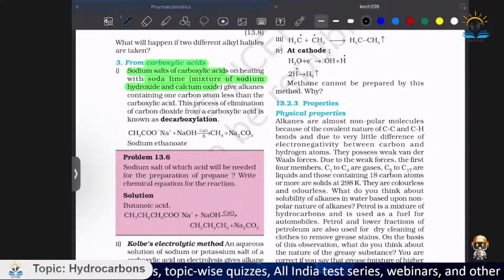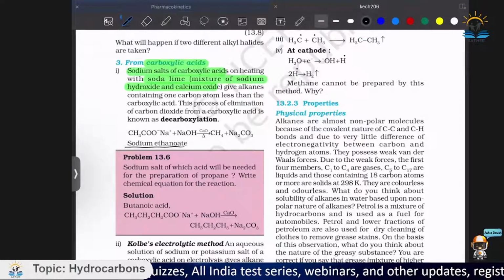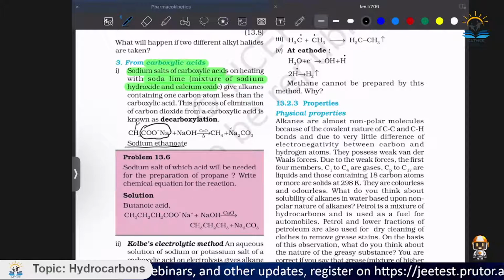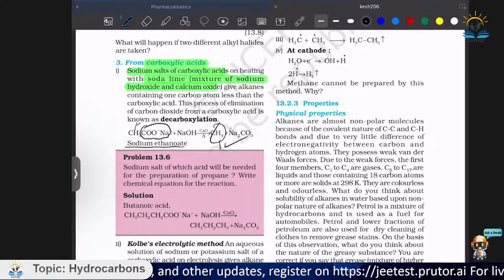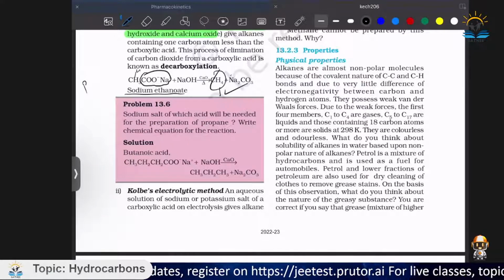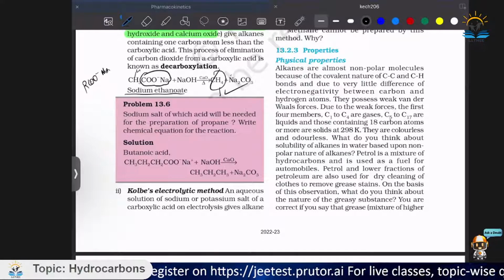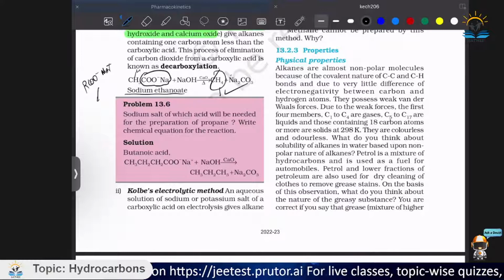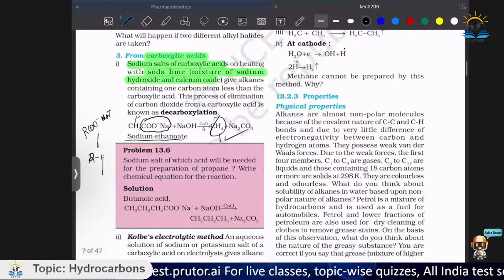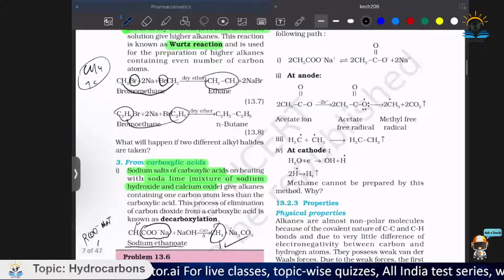So what happens is you just remove COONa and add an H. So the general formula is RCOO- Na+. If you treat it with soda lime, you will get RH. They have given the mechanism. You ought to study the mechanism on your own.